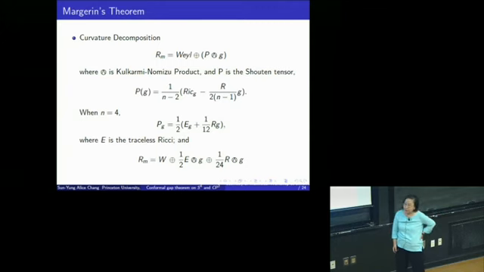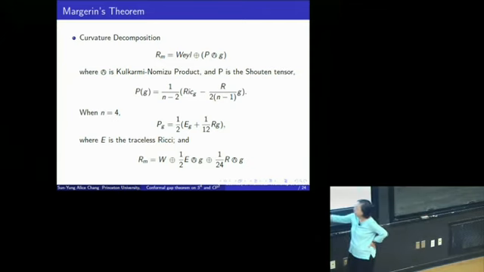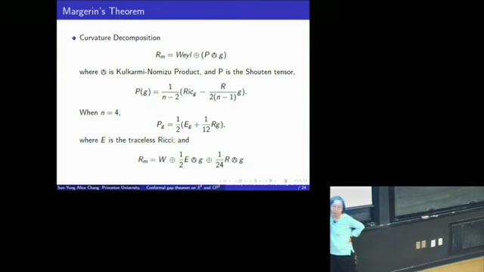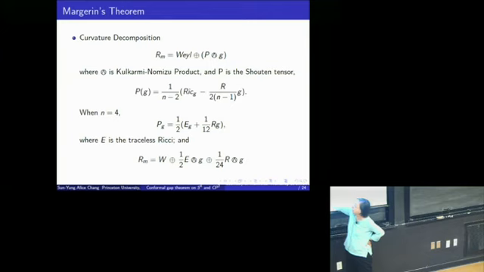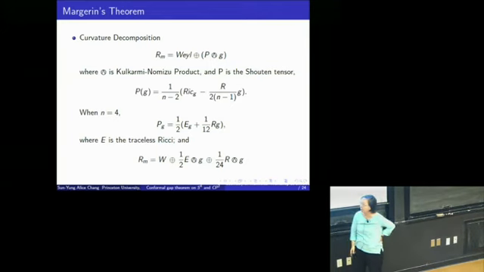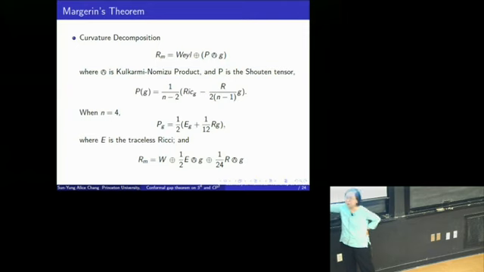And in 4 dimensions, this Schouten tensor, now for my purpose, I split into the traceless Ricci part, by notation E, plus a multiple of the scalar curvature. So the full curvature tensor now is 3 parts.